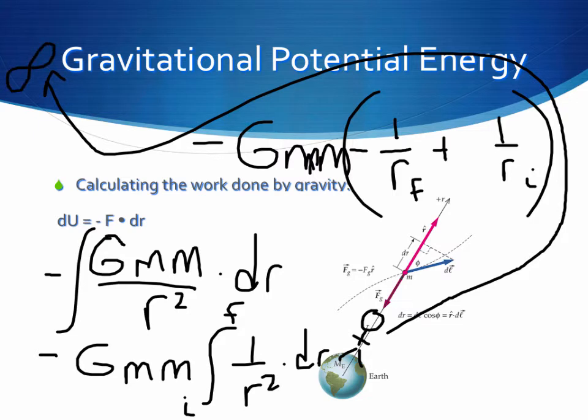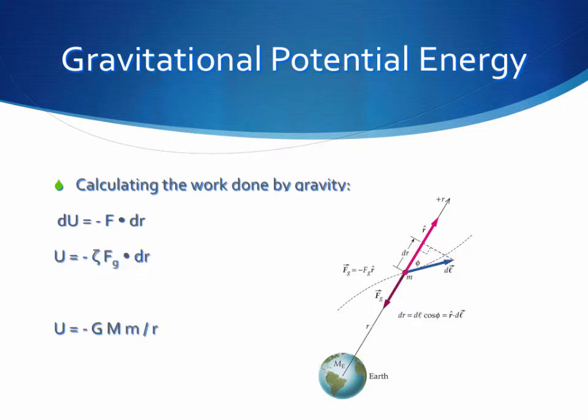If we can go infinitely far away, that means that we will have no gravitational energy whatsoever. We won't really interact with that planet at all. So I want you to put infinity in for our final position. And 1 divided by infinity basically makes this whole term go to 0. So when we do our final setup and get our gravitational potential energy, what you get is negative GMm over r. And that's how we calculate gravitational potential energy.